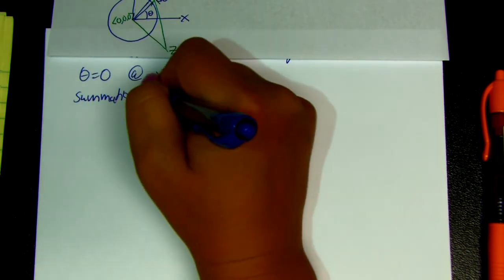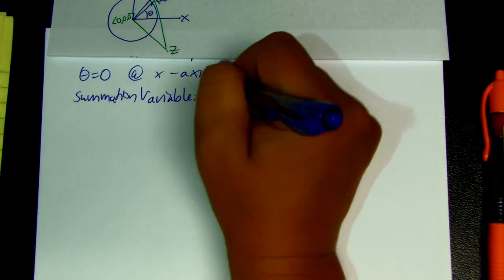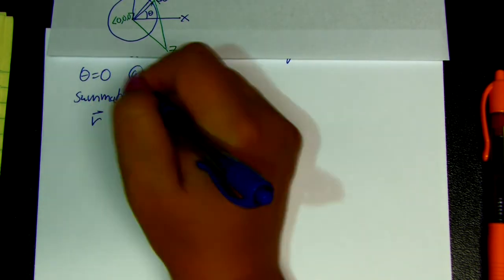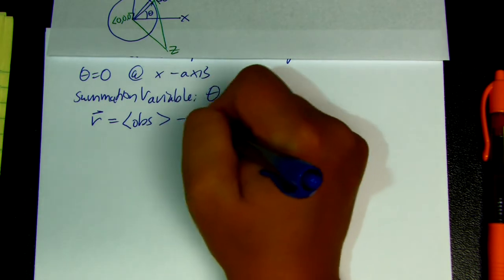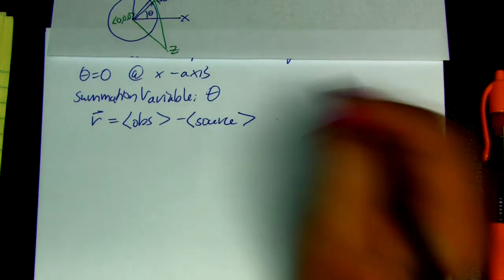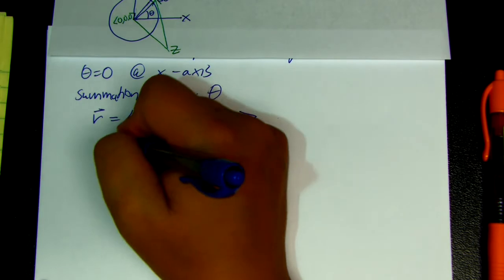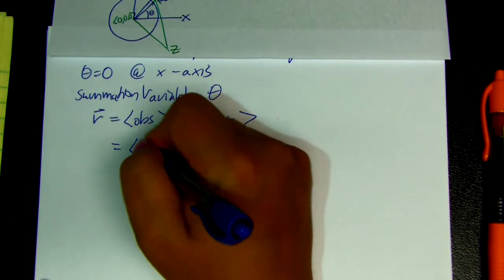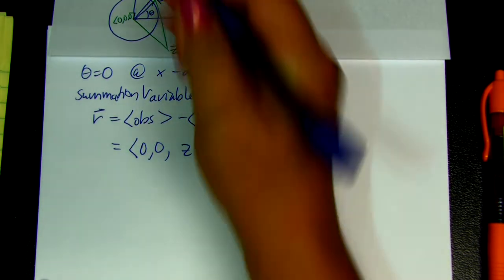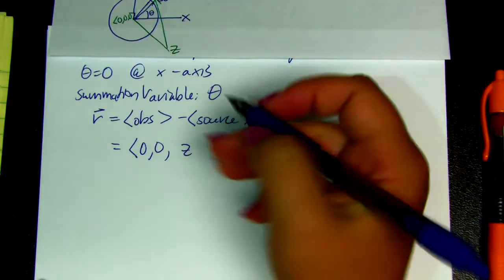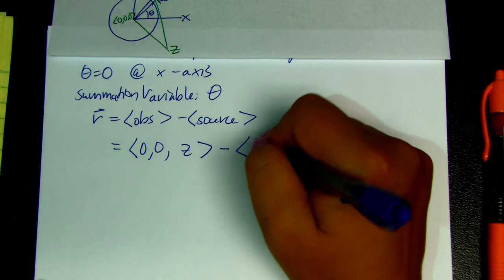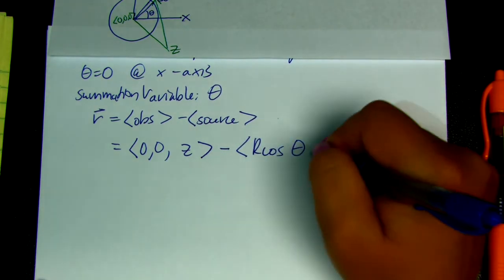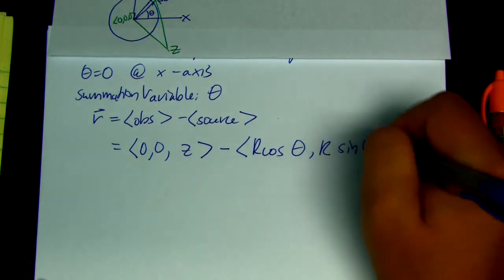Let's write that down. This is just a way that we can check ourselves. And so our r vector is going to be our observation location in z minus the source, which will vary in theta. So we are in z, so this is 0, 0, and I drew this so it was coming out, so that would be positive z, minus r cosine theta, r sine theta, and 0.